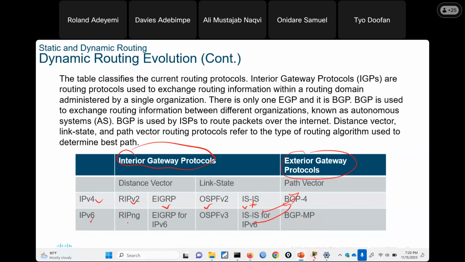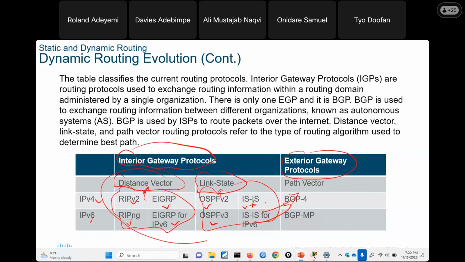Then for IPv6, we have RIP new generation, then we have EIGRP for IPv6, and then we have OSPF version 3. They further break these things down. They classify the interior gateway routing protocols. Some are called distance vector. You will know why when we get there. The others are called link state. So RIP and EIGRP are referred to as distance vector, and OSPF and ISIS are called link state.